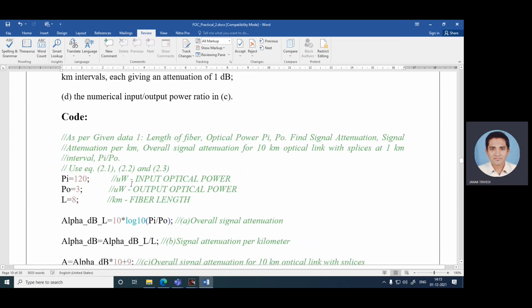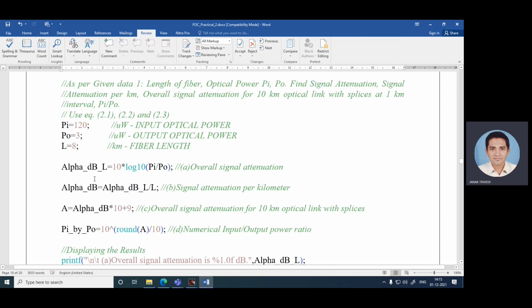Pi is 120 microwatt input optical power, PO is equal to 3 microwatt output optical power, L is equal to 8 kilometer fiber length, alpha dB L that is equal to 10 log 10 Pi by PO. This is the first option, overall signal attenuation.